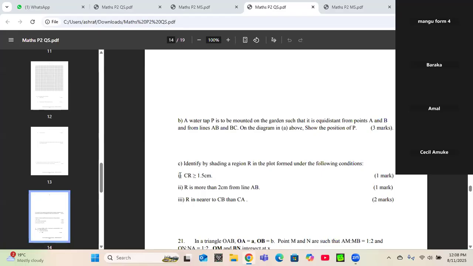Are you together? And then Roman 2, R is more than 2 centimeters from line AB. Which locus is that?